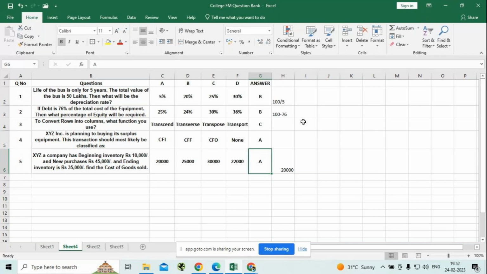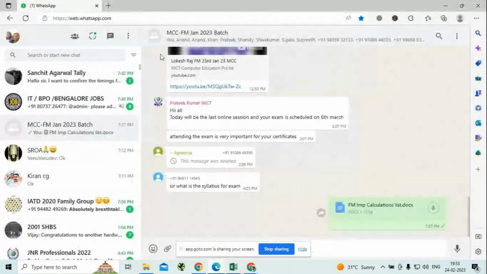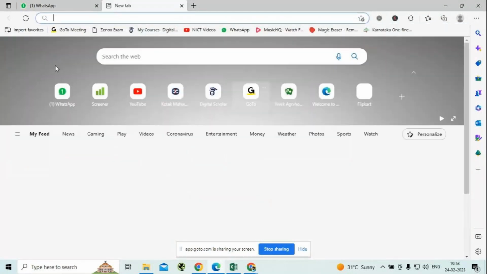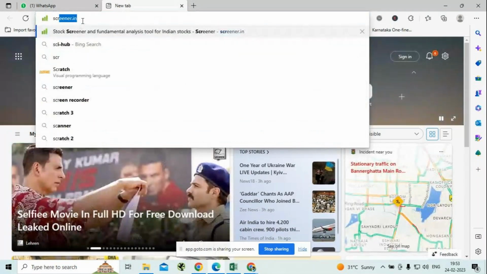In case you want to take this subject a little more seriously and find a place where you can refer to live data of any company, I can suggest a website called screener.in.